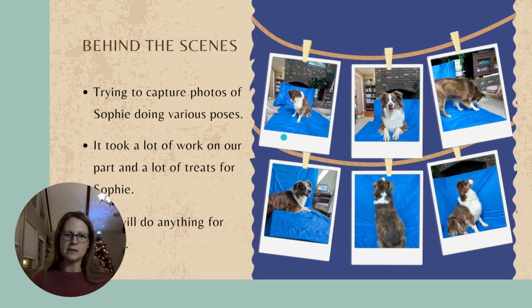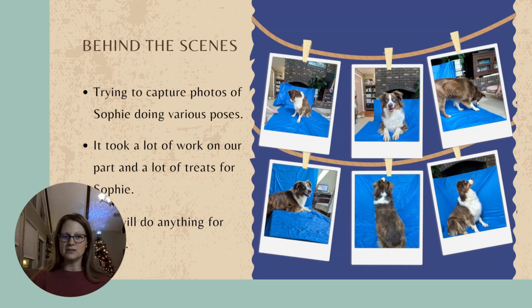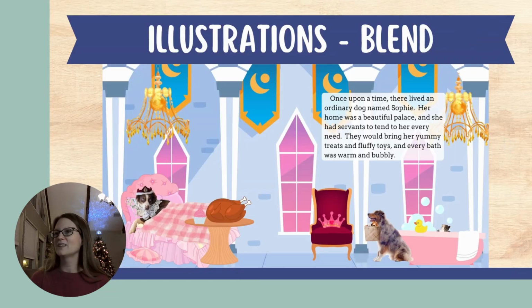It's just a tablecloth, and put Sophie in these different positions here so we could later put the pictures into Canva and remove the background very easily and insert her into the various pictures that we needed. It took a lot of work because she would only work for bacon. So it took a lot of time, a lot of bacon and a lot of time, but so much fun.